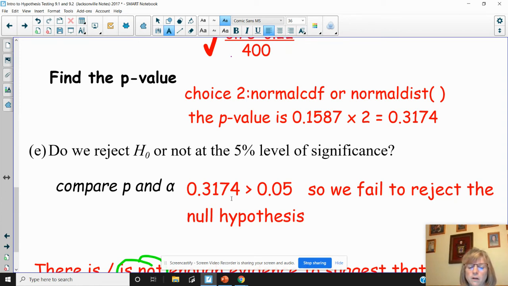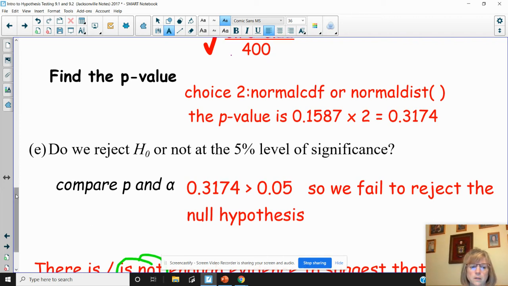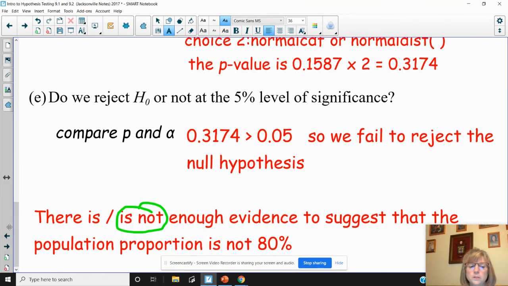Well, our p-value is not lower than our alpha value, it's not less. So we fail to reject the null hypothesis. Therefore, our conclusion says there is not enough evidence to suggest the population proportion isn't 80%. We don't have enough evidence to say our assumption is wrong, and that's what we're always looking for.